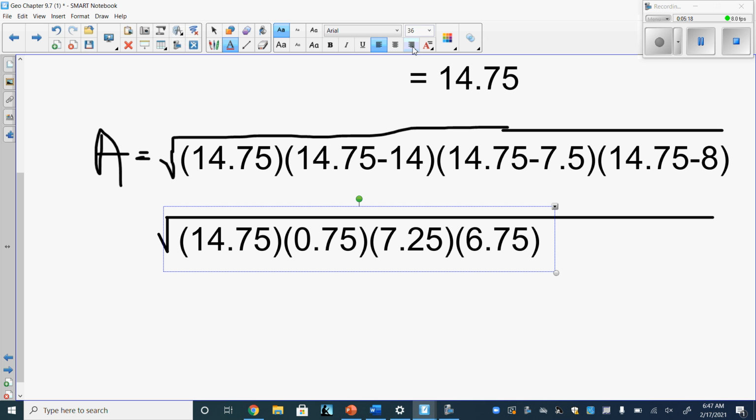Now at this point, you can type all these into the calculator. You can multiply these all together and then take the square root of it.